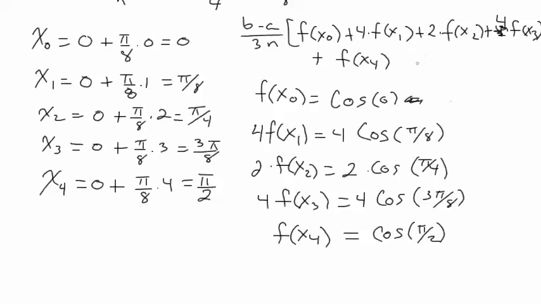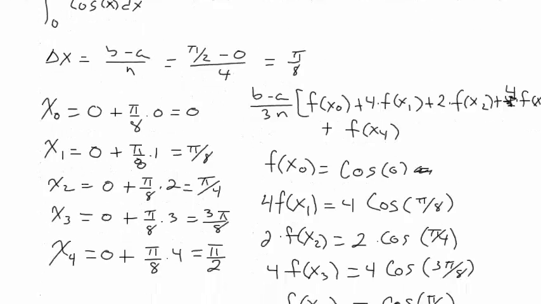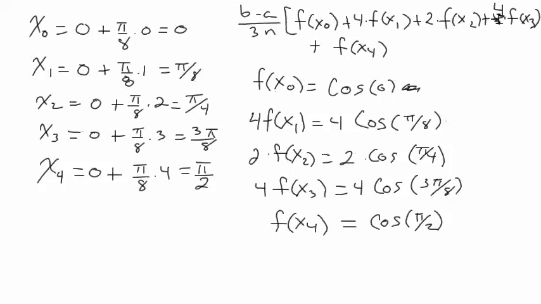Alright, so now we come over here. We have b minus a over 3n. b was pi halves, I actually forgot that. So we have pi halves minus 0 over 3 times 4. And now we're just going to sum all these up. So we have cosine of 0. Does anybody know what that is?